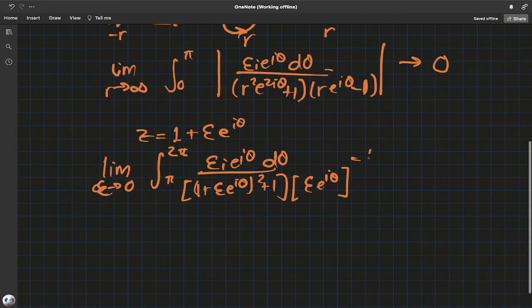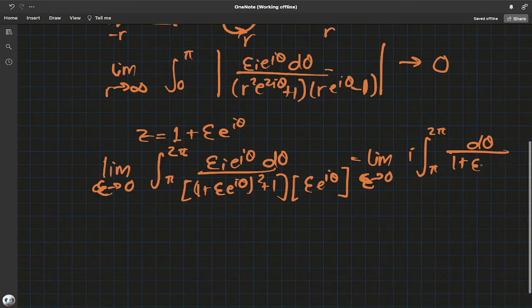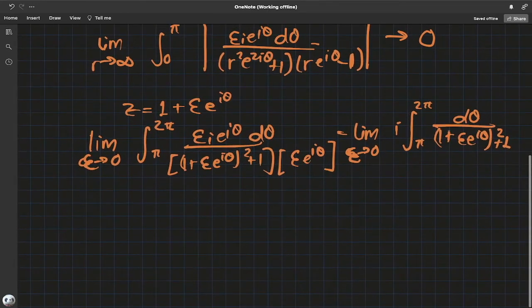This just becomes limit as epsilon goes to 0 of i times the integral from pi to 2 pi of d theta over (1 plus epsilon e to the i theta) squared plus 1. You notice that as epsilon goes to 0, 1 plus 0 is 1, and we have a 2. So this becomes i times (2 pi minus pi) over 2, which is i pi over 2. That's the gamma integral.